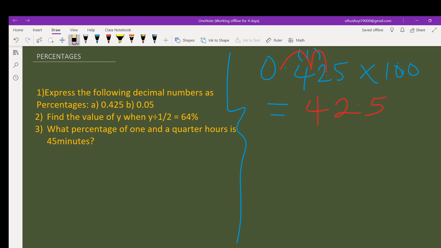If you go the other way around, you change this to a fraction. Like I said, when you were converting decimal to fraction, consider the last digit, which is 5. What's the place value of 5? It is 1000. So you have this to be 425 upon 1000.